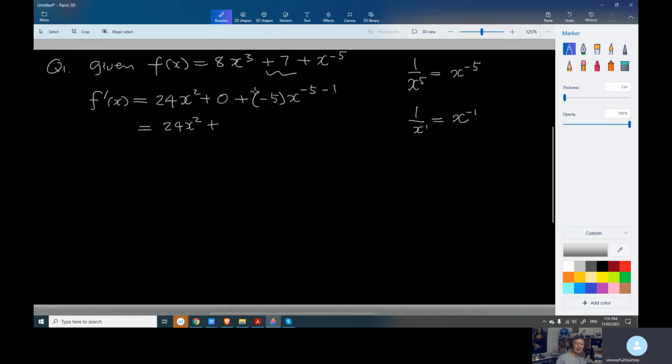Negative, very quick learner. You don't have to wait until year 11. So we say -5 here, and you got x to the power of -6. Wow, you can do very fast now.